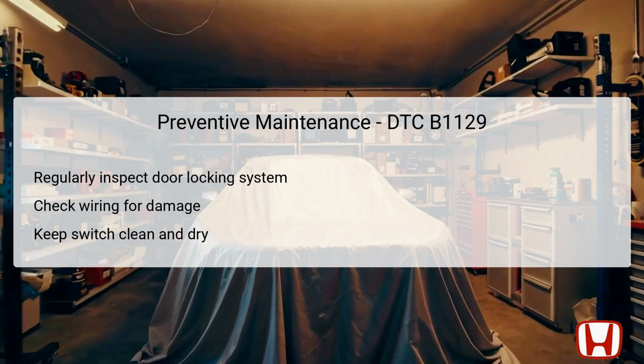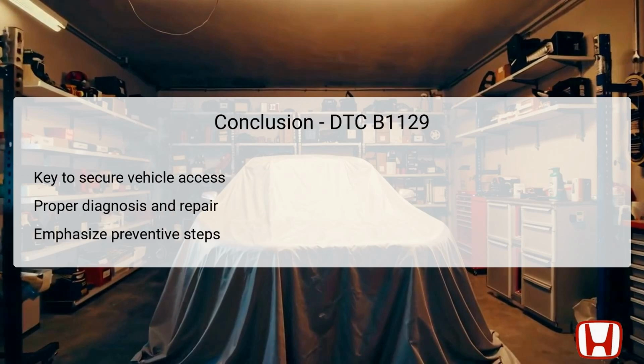Additionally, ensuring that the door lock knob switch is clean and free of moisture or debris is crucial for optimal operation. Environmental factors can lead to corrosion or malfunctions, so regular checks during vehicle servicing are recommended. Preventive maintenance not only enhances component longevity, but also ensures the locking system's functionality remains dependable.